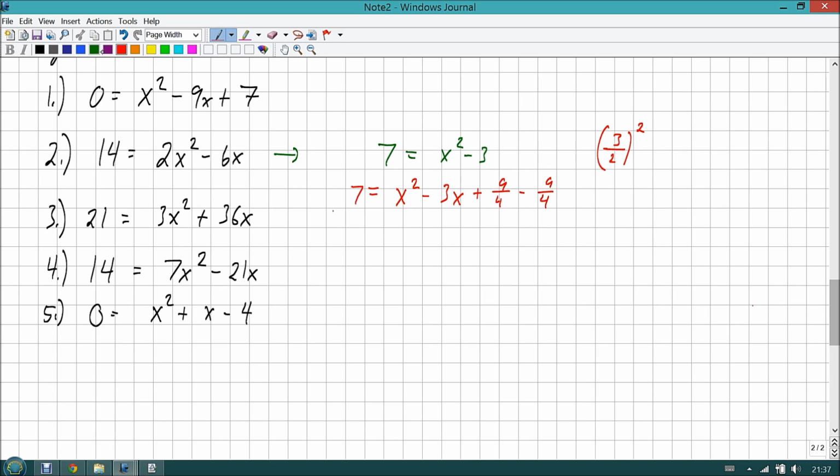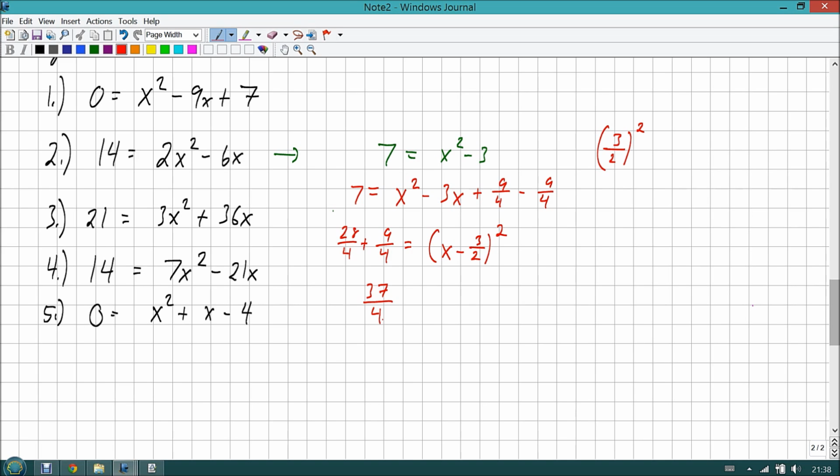So again, I'm going to have to convert everything to over 4. So that's going to be 28 over 4 plus 9 over 4 is equal to x minus 3 halves squared. 28 plus 9 is 37.